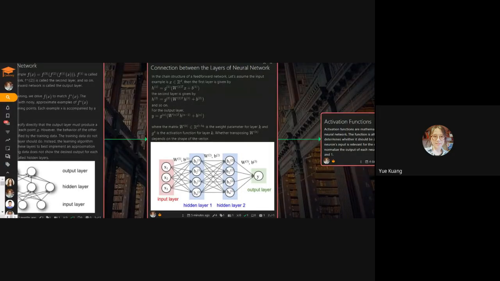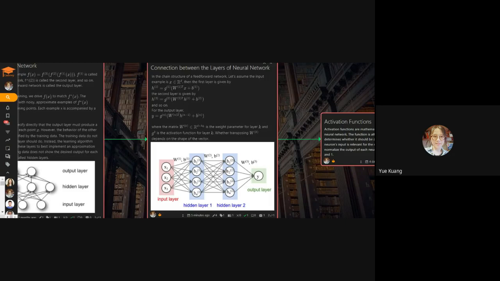As you can see in the first equation here, we will first apply a weight matrix W1 to x and then add a bias vector b. And then an activation function g1 will be applied on the output and we will get h1.